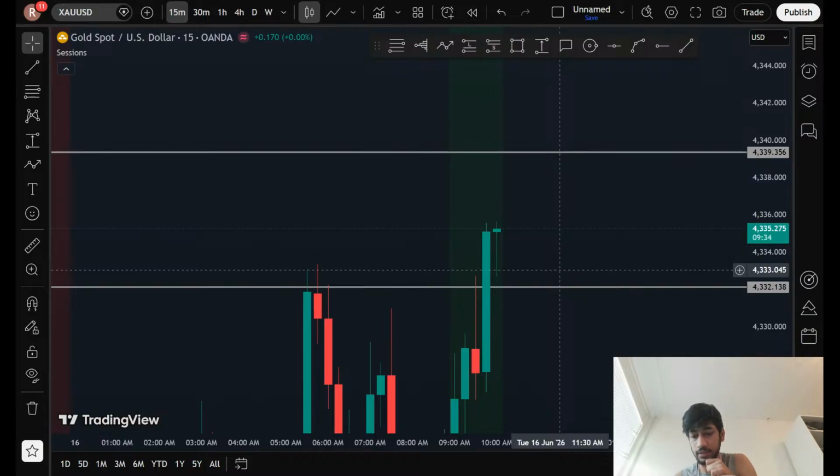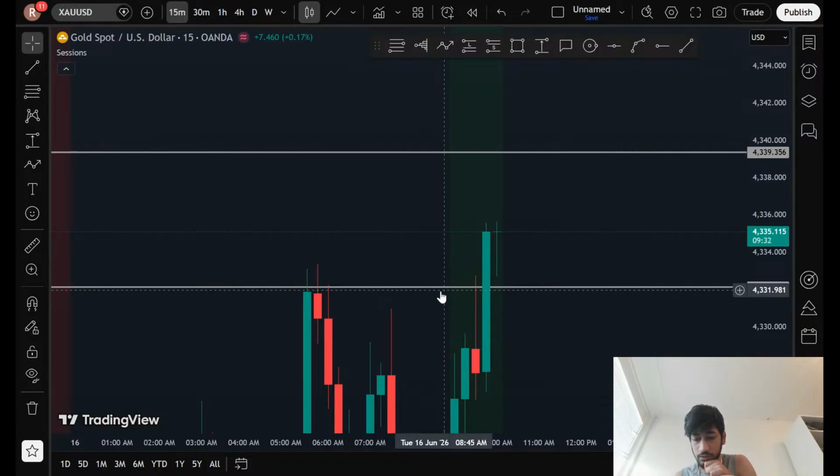If it breaks the high, then I'm very good to risk my money over this. I'm not yet in. I have kept my buy stop above the candle.